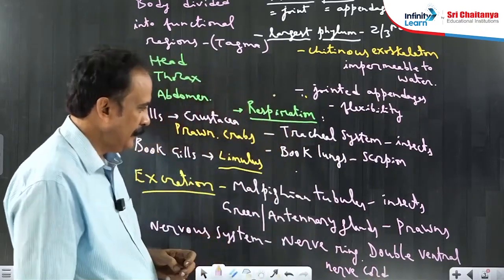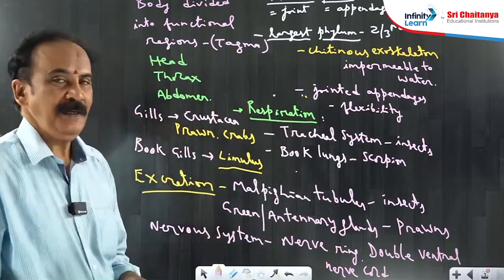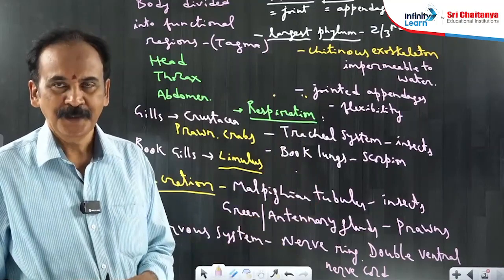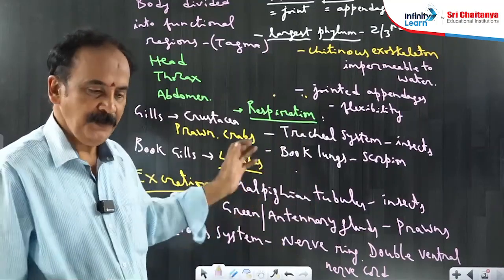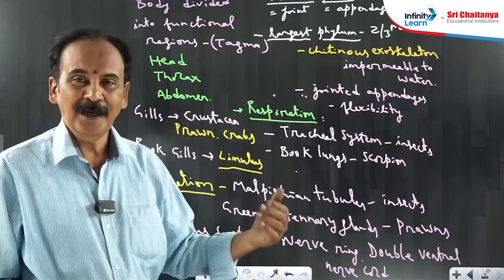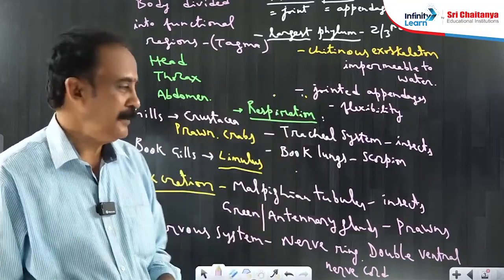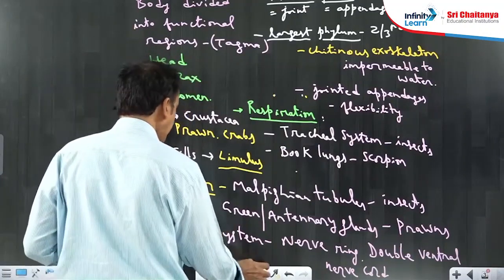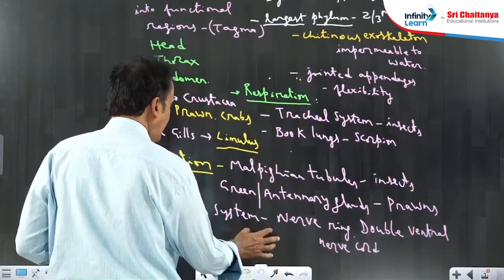Arthropods are special by having well developed sensory structures when compared with annelid. Annelids, like only in case of Nereis, they may have tentacles and eyes, but other animals they don't have the structures. But in Arthropoda, we have sensory structures being seen.